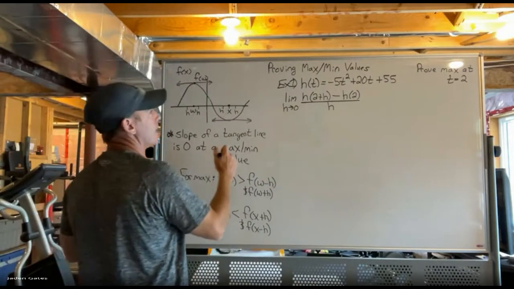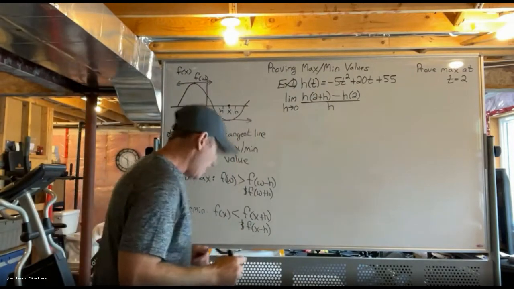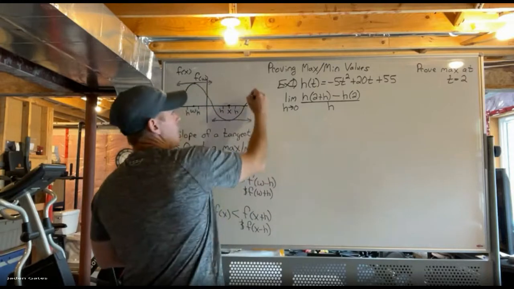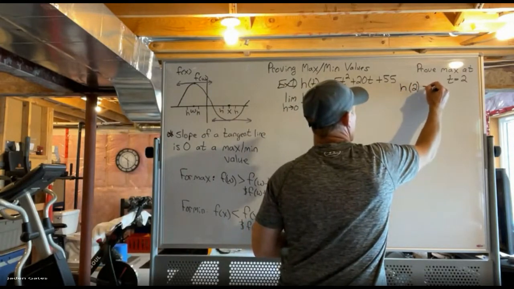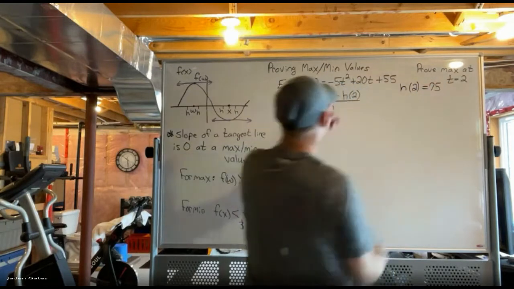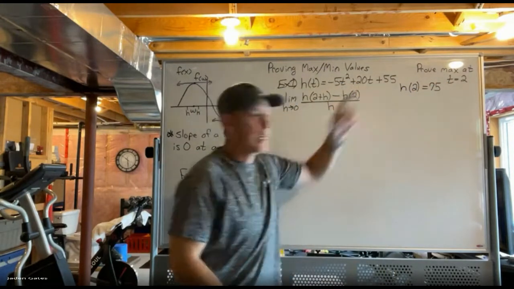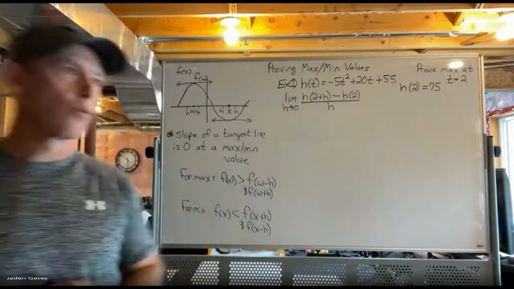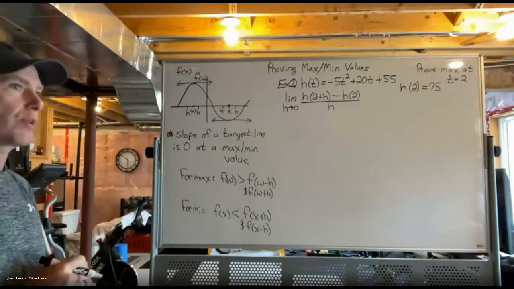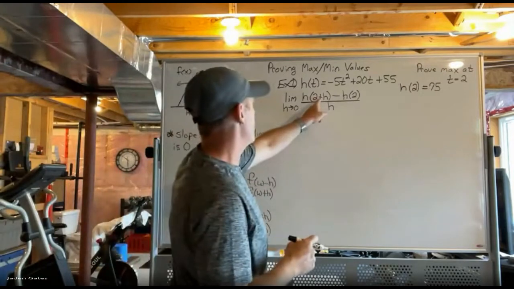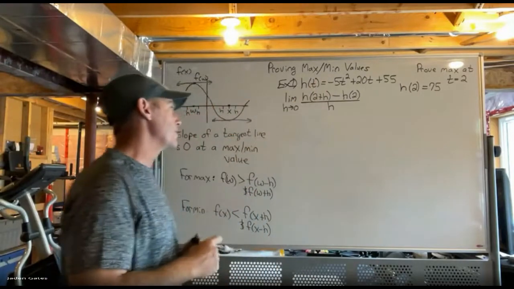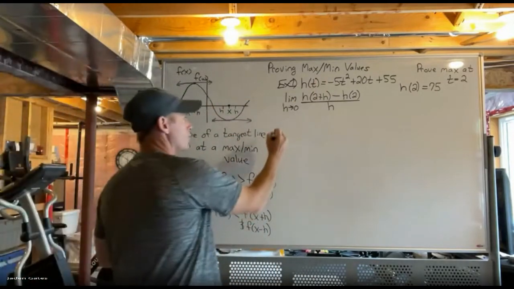I already plugged it in. That's just math. When I put a 2 into the equation, I get 75. I just don't have the room to do all the calculations, but it's just substituting into our function. But now what I've got to do is substitute 2 plus h into the formula, just like I was doing earlier.